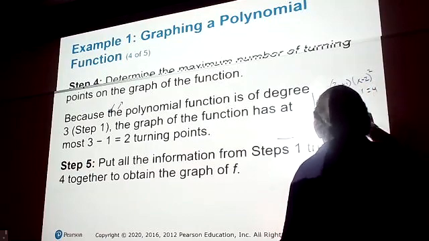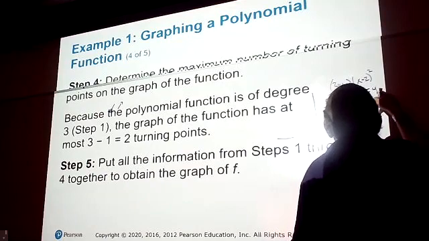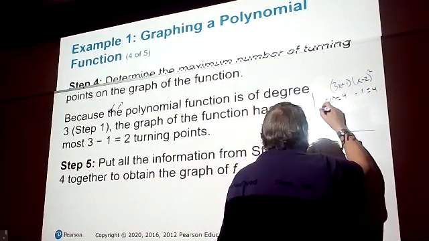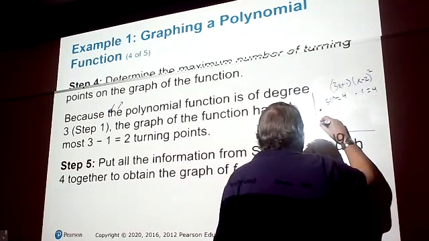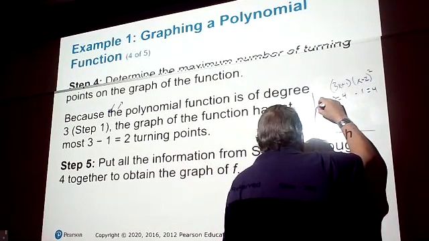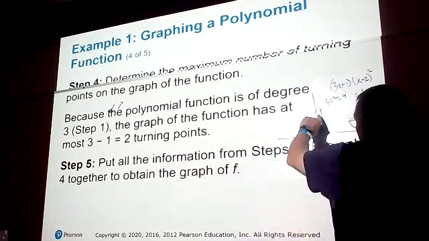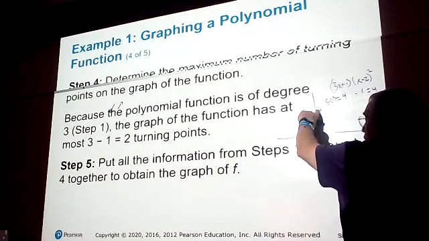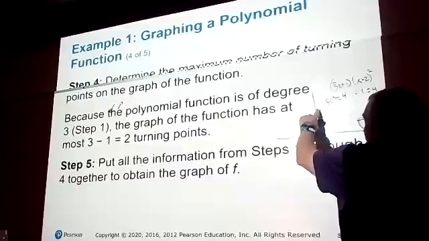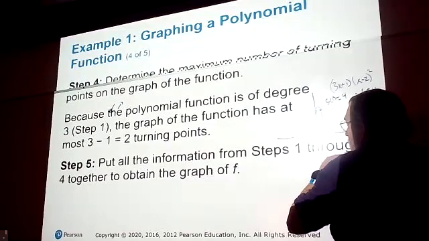So f of 1 equals 4. So it goes through 4 here. That means it comes up from the y-intercept, goes up, and the local max there is going to be between 0 and 1.